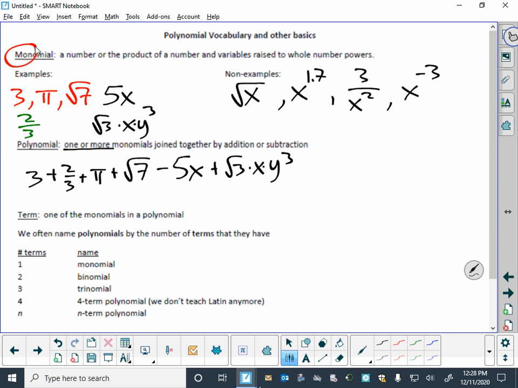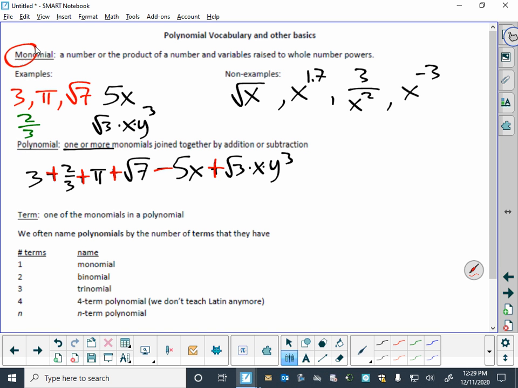Okay, that is a polynomial. We've taken monomials and put them together with addition or subtraction. If any one of the pieces between the addition and subtraction was not a monomial, then this whole thing would not be a polynomial anymore.